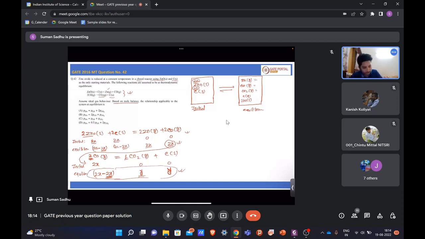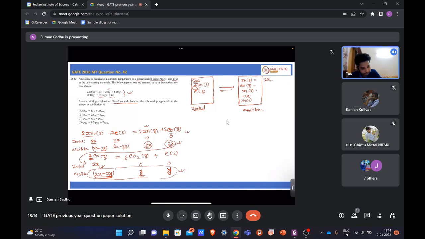Now we can write how many moles of Zn are present. As you can see, 2x mole of Zn is present at equilibrium. How many moles of carbon monoxide? Carbon monoxide first forms here and then again dissociates, so we have to take the total number of moles present at equilibrium.